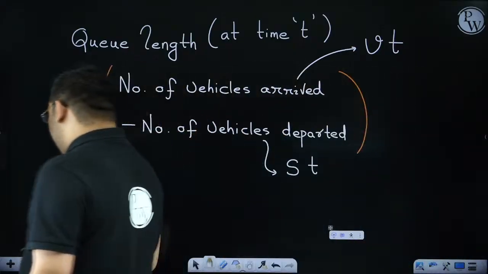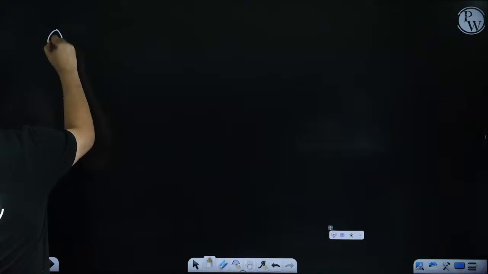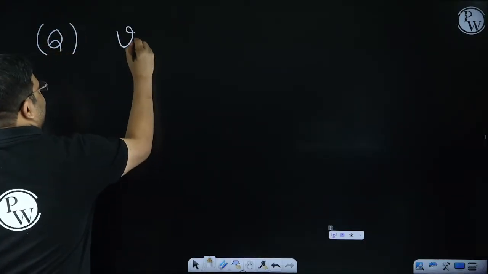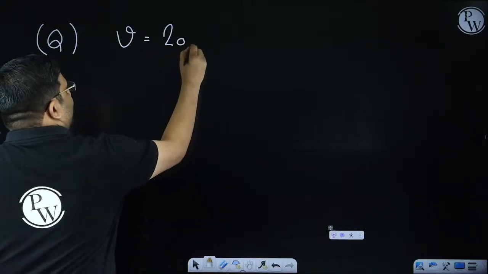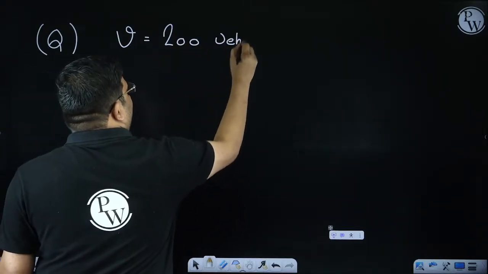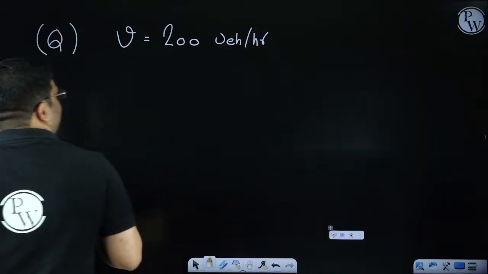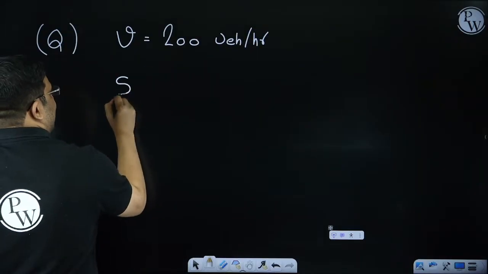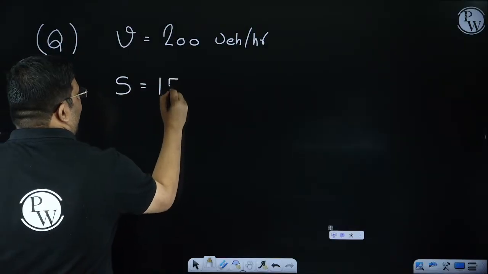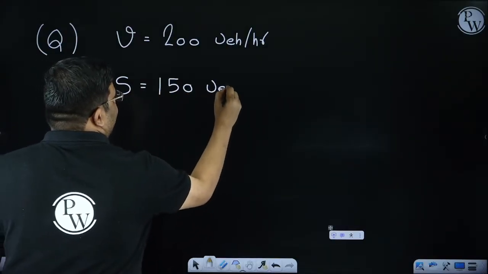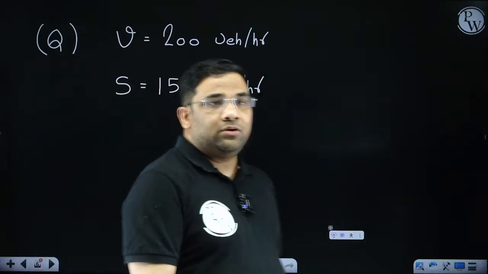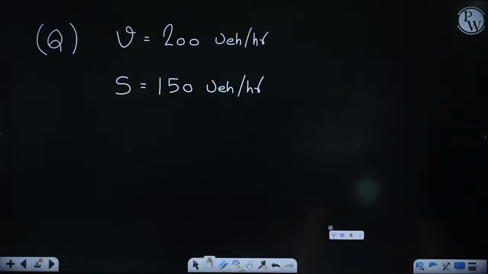For example, let us see a very simple question. Suppose I am telling that the arrival rate is 200 vehicles per hour and the departure rate is 150 vehicles per hour.